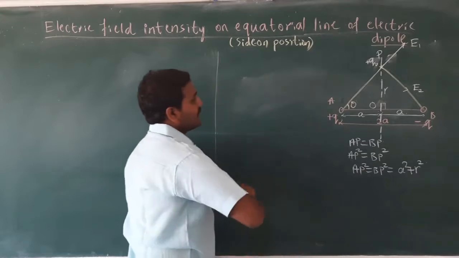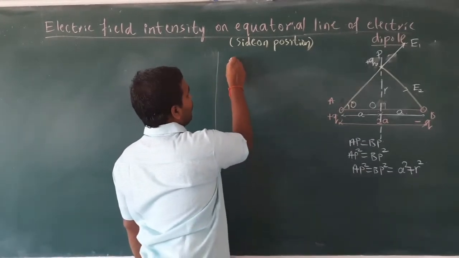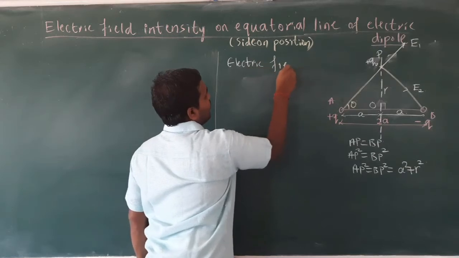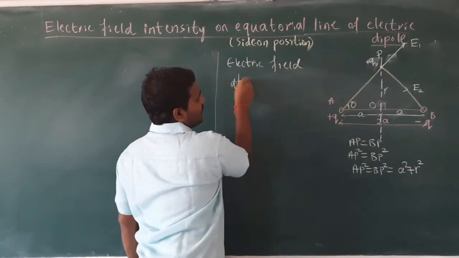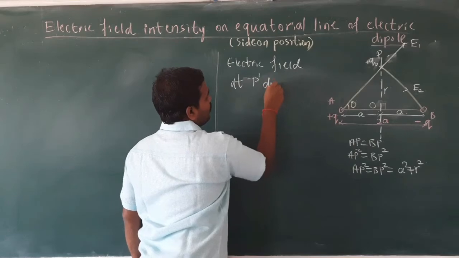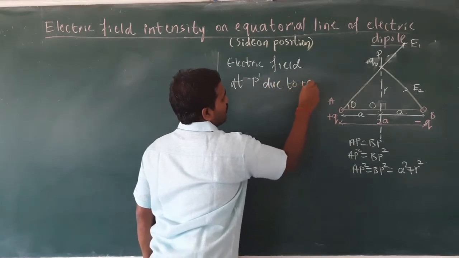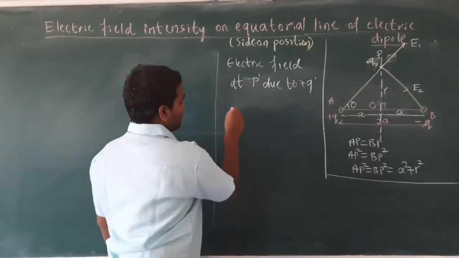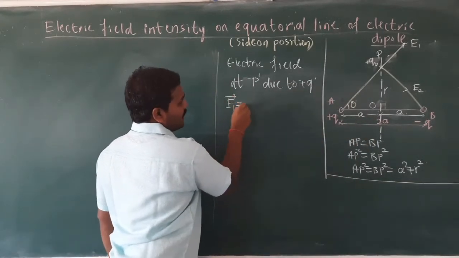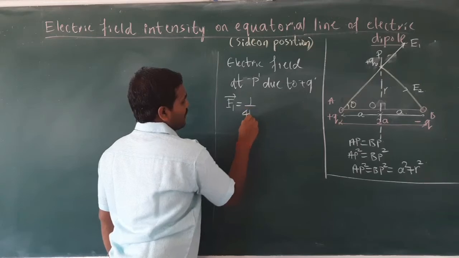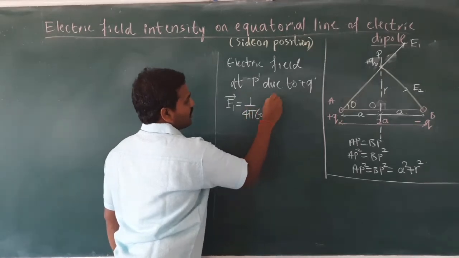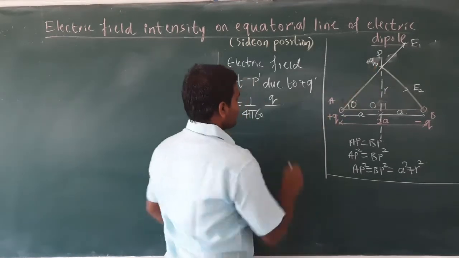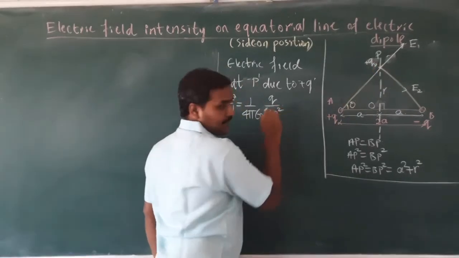Yes, then let us write the expression for this electric field. Electric field at P due to plus Q charge, I write it as E1 is equal to 1 divided by 4 pi epsilon naught, Q divided by the distance between source charge and test charge, that is AP square.